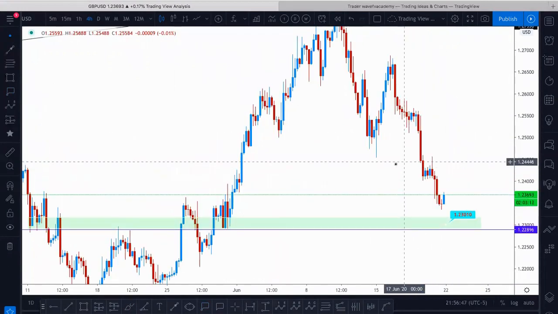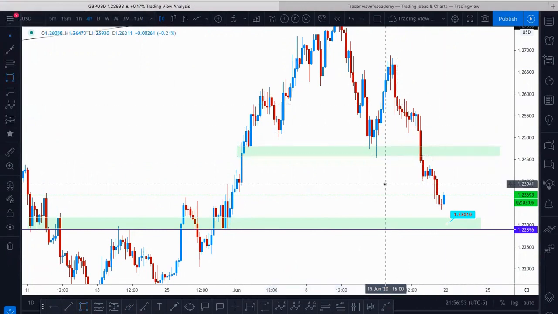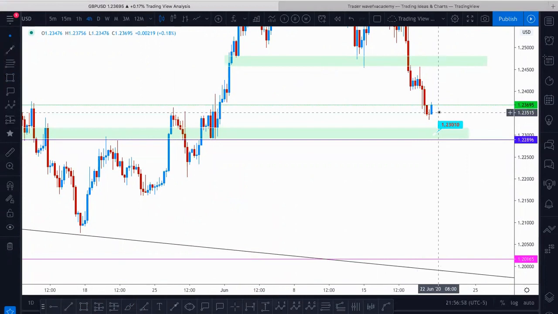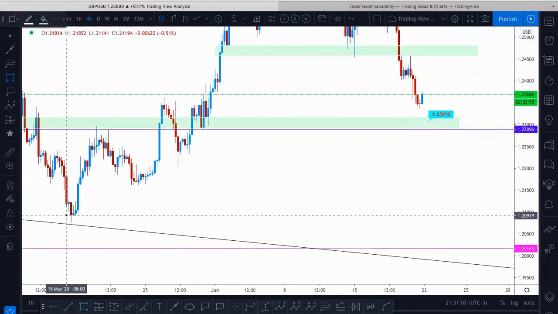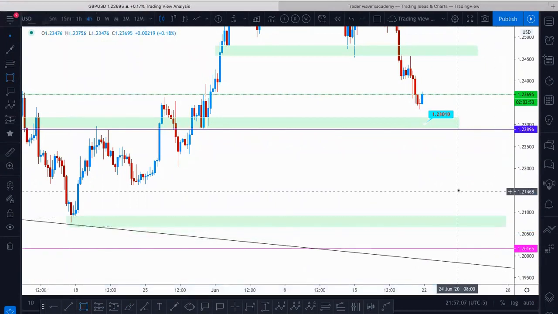Right, from there, I can start looking for further rejection out of the market up into these highs. If the market pushes down and breaks below this area, then we can continue to look for movement all the way down into about 120.